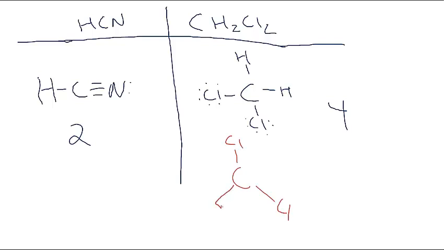And again, right now, we don't care where we put the H's or the Cl's, with each of these angles being approximately 109.5 degrees. I forgot that I wanted to show you this. If you have 2 domains, what is the maximum angle between those 2 domains? 180.